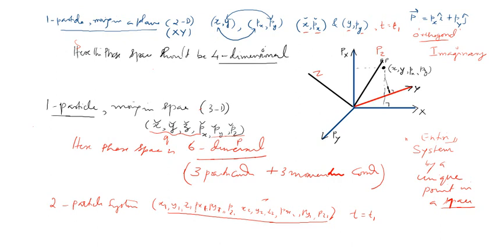It's a combination of two mathematical spaces, coordinate space and momentum space. Got it? In general, we write Q1, Q2, Q3, Q4, like qi, qj, and pi, pj, where i and j are indices.